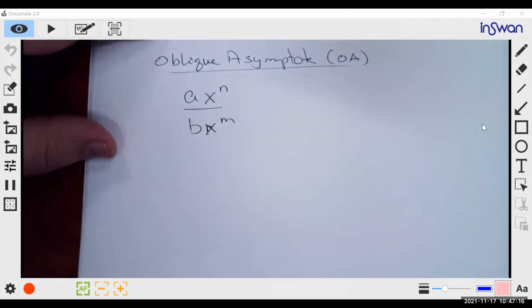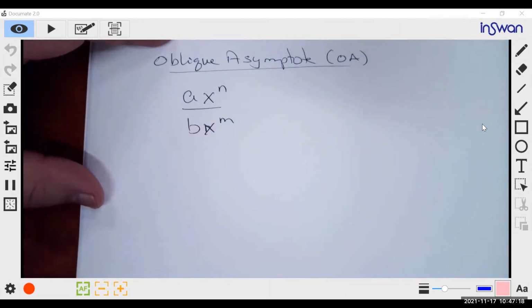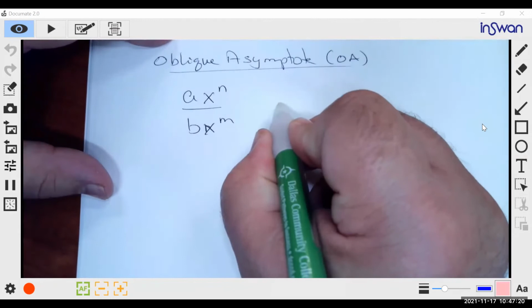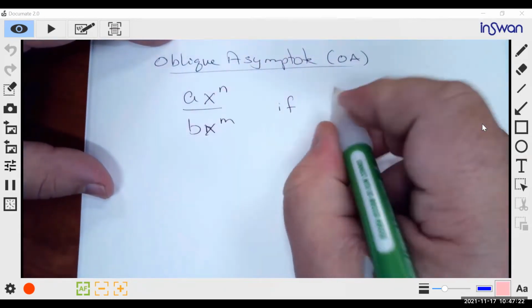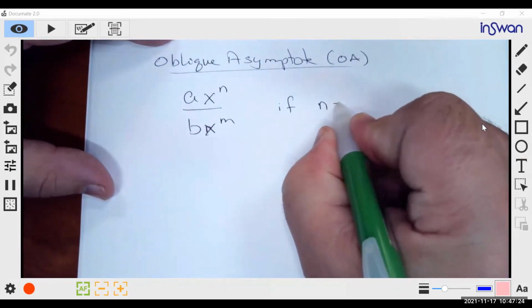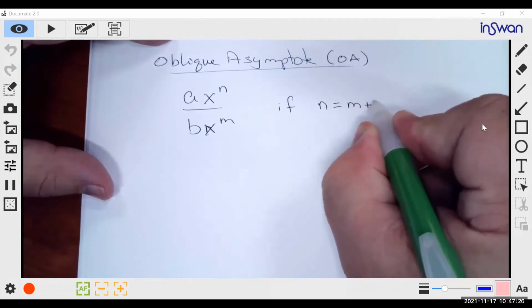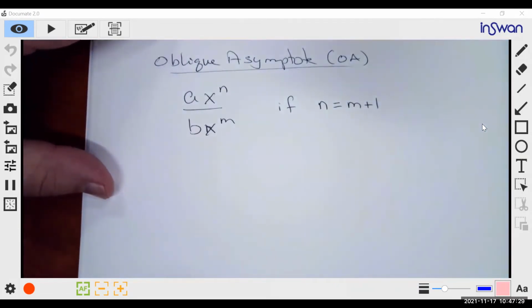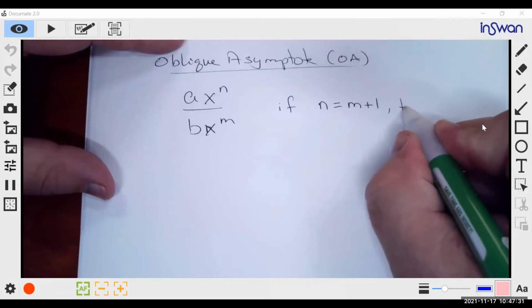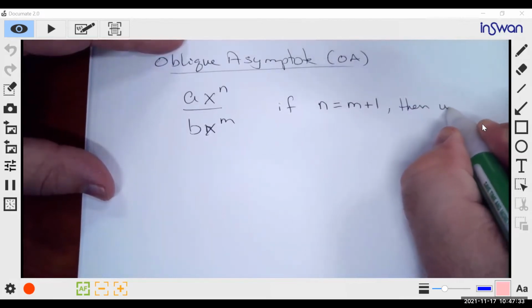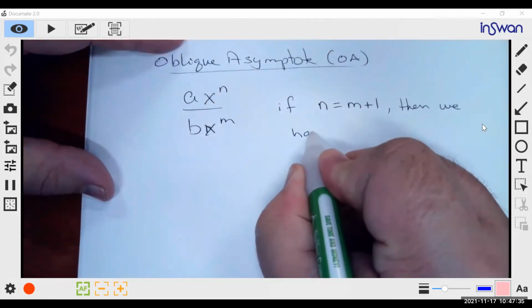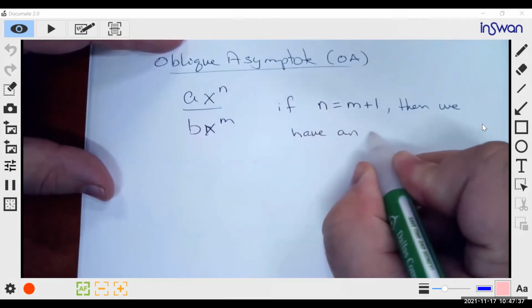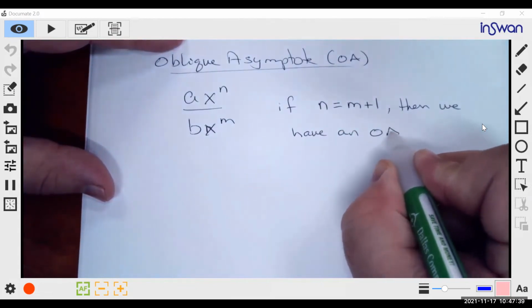Remember, only look at the leading terms. If n equals m plus 1, then we have an oblique asymptote.